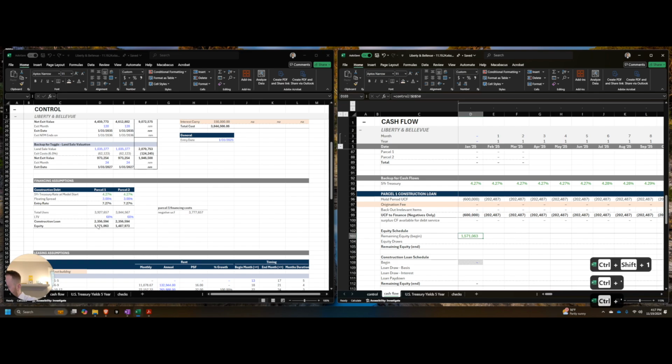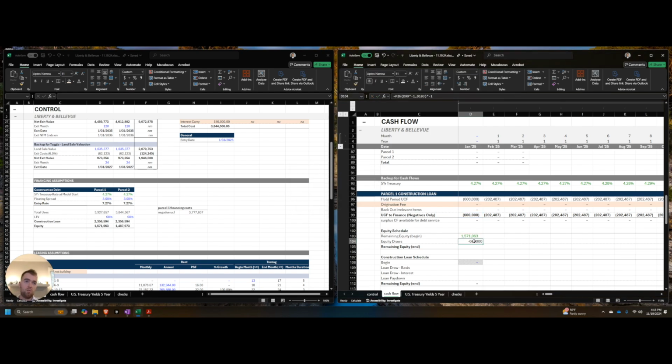So we're going to do that. And then equity draws are going to be the minimum of that times -1 or that times -1.